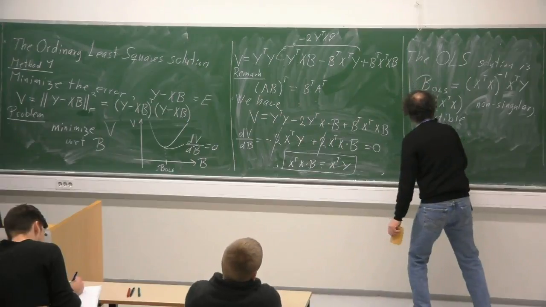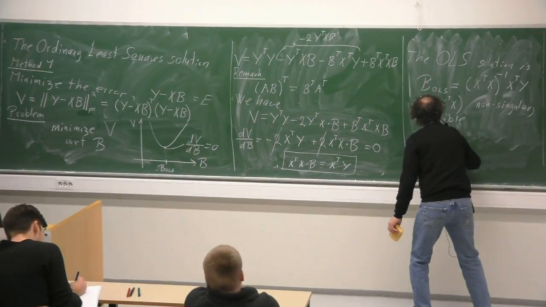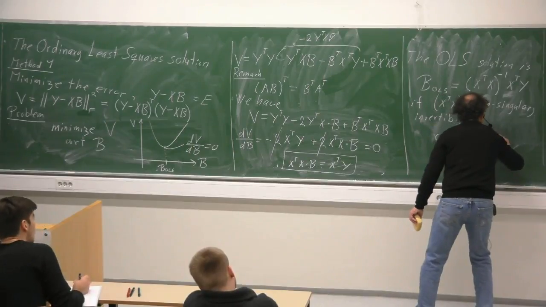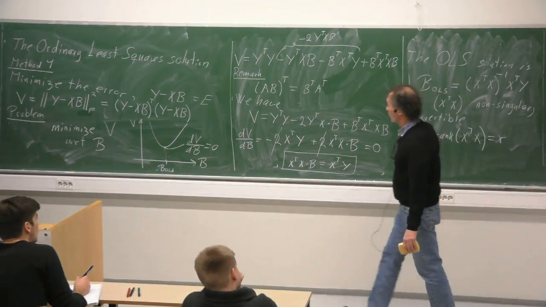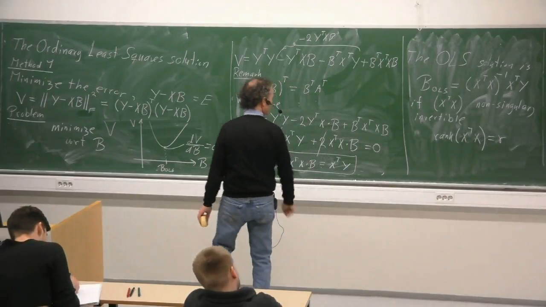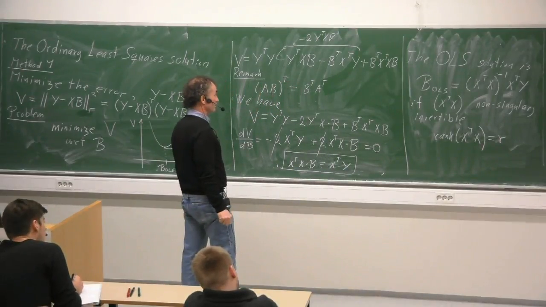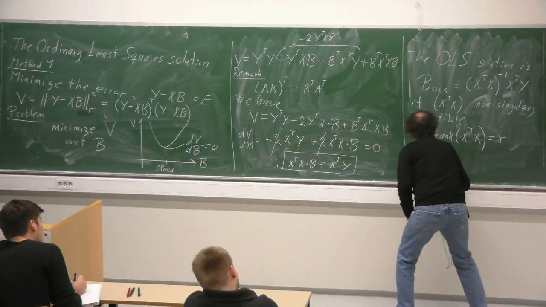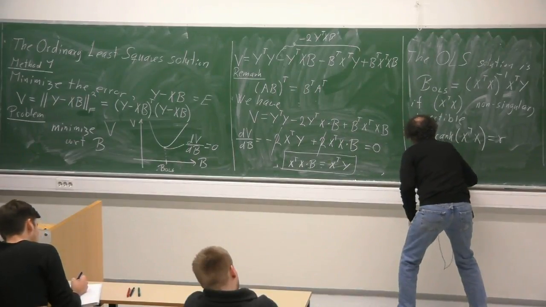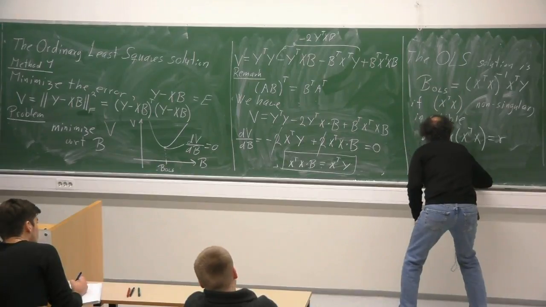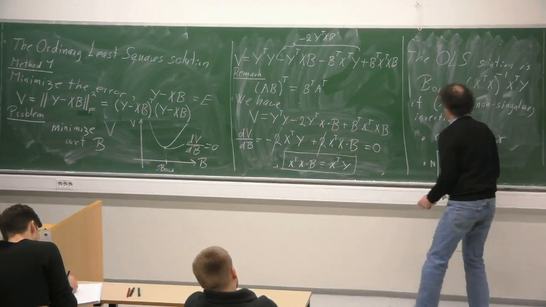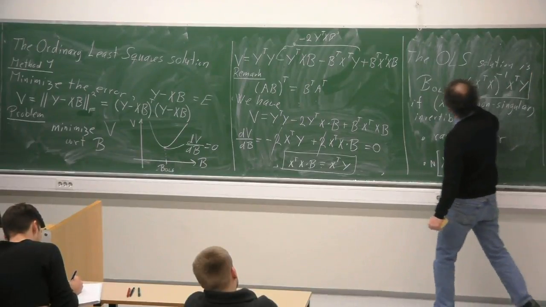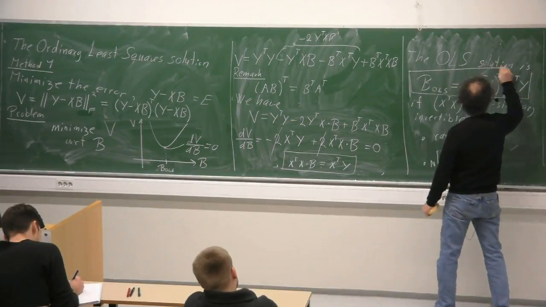And also we then know that the rank of X transpose X is equal to R, the number of columns, a full rank. Remember, X is in general a rectangular matrix with N rows and R columns. This is the ordinary least squares solution. Useful.